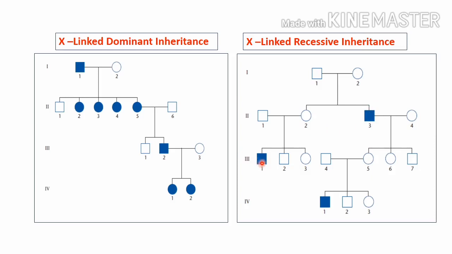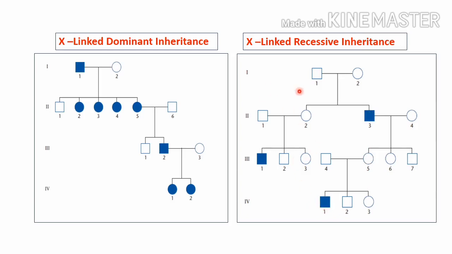In the third generation again there is expression of the disease in the son, and his mother is normal. It means this daughter has contributed the defective X chromosome to her son, and that's why her son has become affected. Again in the fourth generation, this is a normal daughter of the affected parent, and there is expression of the disease in this mother's son.